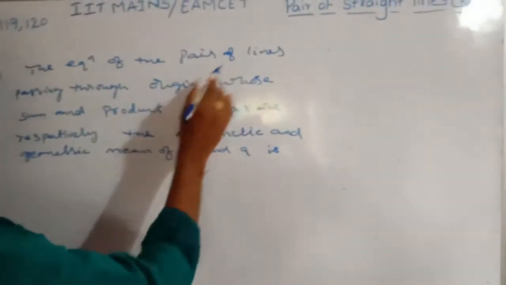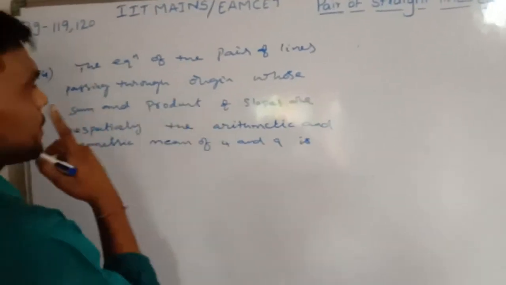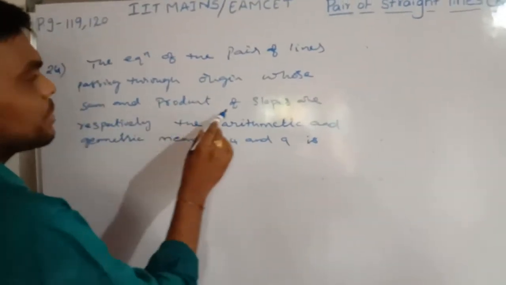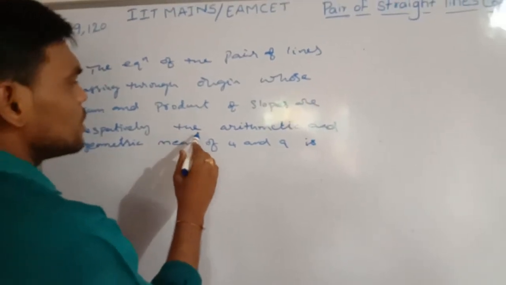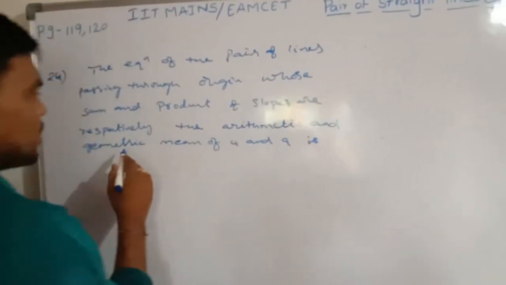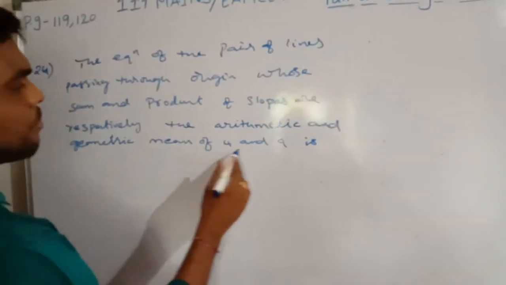The equation of the pair of lines passing through the origin whose sum and product of slopes are respectively the arithmetic and geometric mean of 4 and 9.